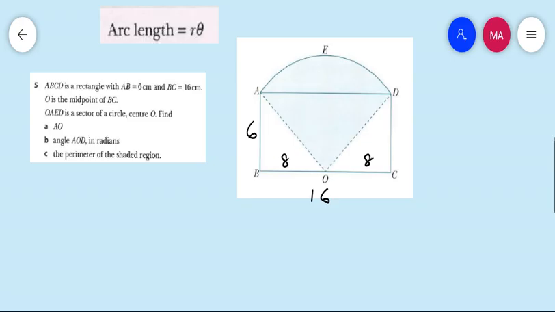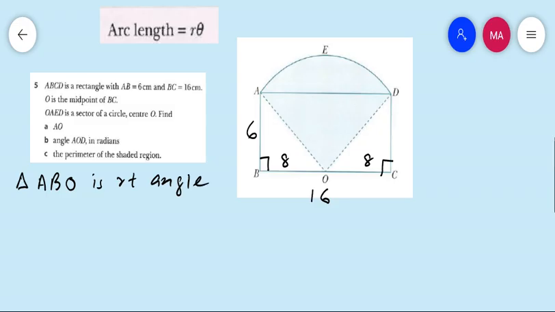Okay. So because it is a rectangle, all angles of this rectangle must be 90 degree. So I can say triangle ABO is a right angle triangle.